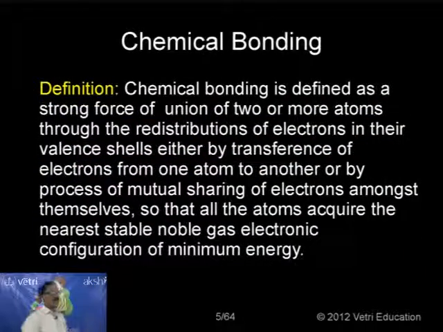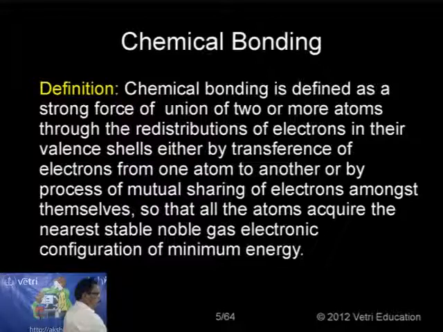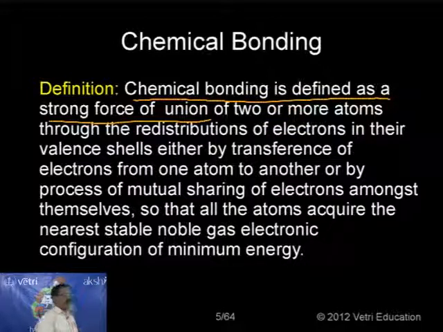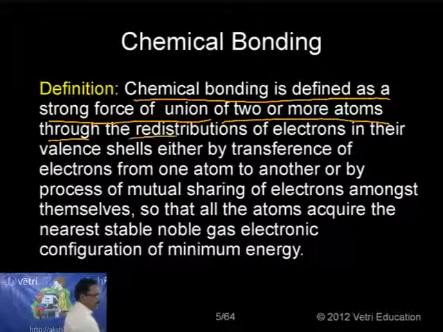Okay, let me come to what is chemical bonding? What are the types of chemical bonding? What is the use? What can we apply chemical bonding for? All these things I will discuss now. So let me enter into the definition. According to Lewis and Kossel, chemical bonding is defined as a strong force of union of two or more atoms through redistribution of electrons in their valency shells.